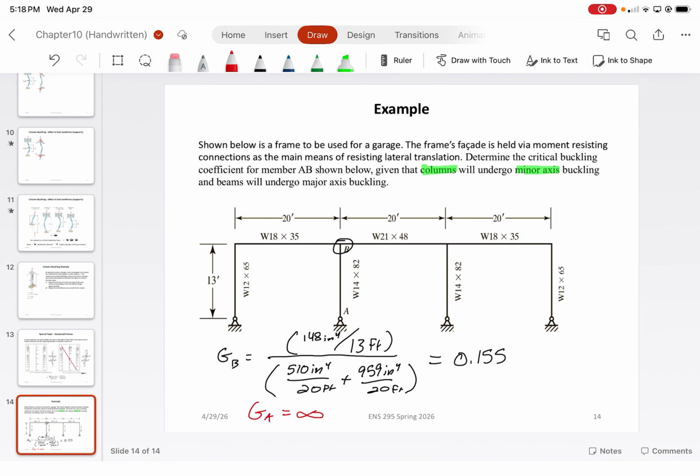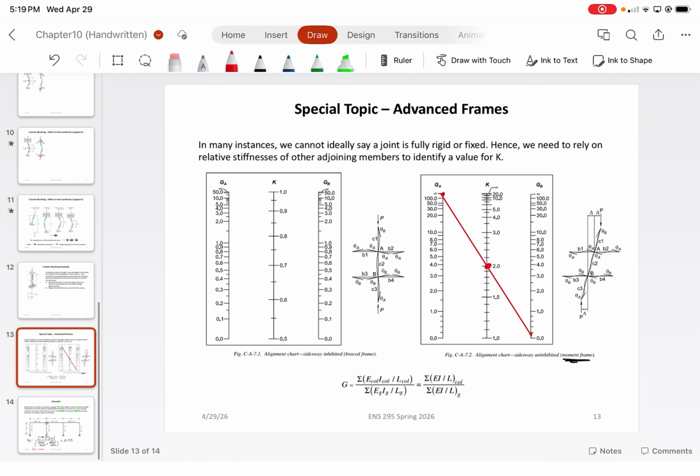All right? And then from there, you would just use your basic critical buckling equation that we had previously used and derived for. And that would just be the K value. So really the problem with this is just obviously identifying what K value we want to use. Make sense?